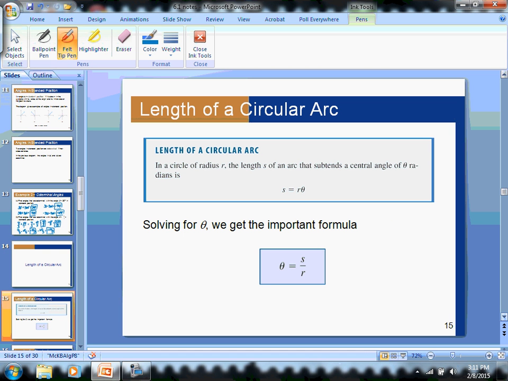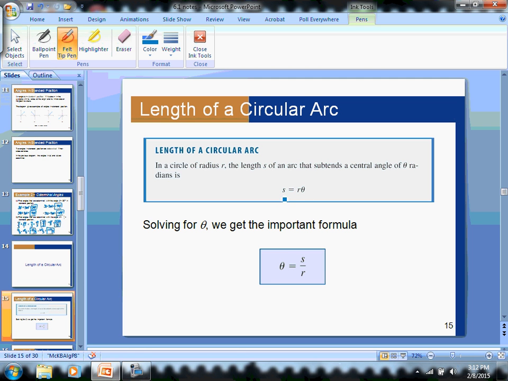Okay, our last concept that we're going to talk about for today is the length of a circular arc. In a circle of radius r, the length of an arc, and they're going to call that S, that subtends, or basically ends, at the central angle of theta is going to be found with this formula.